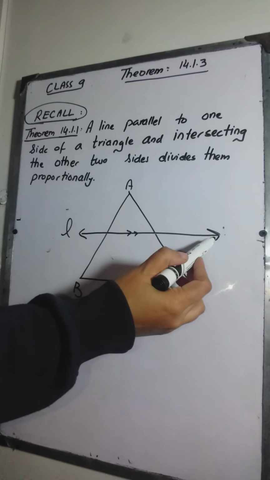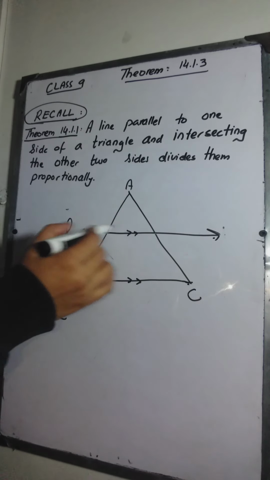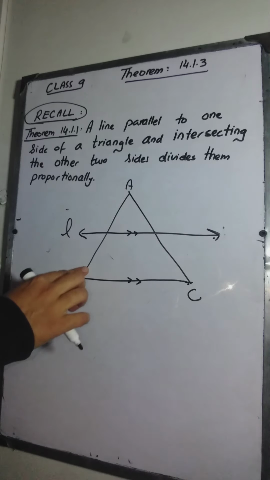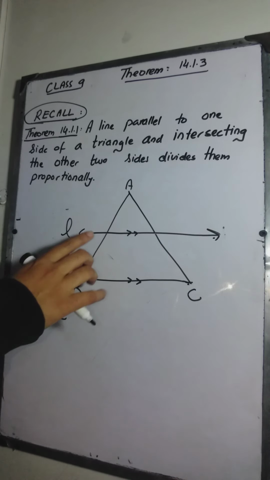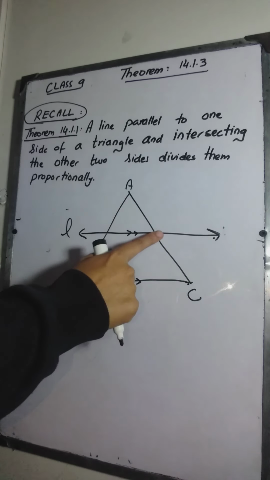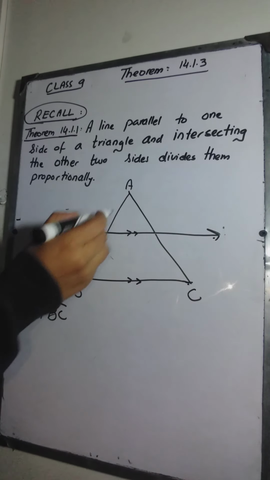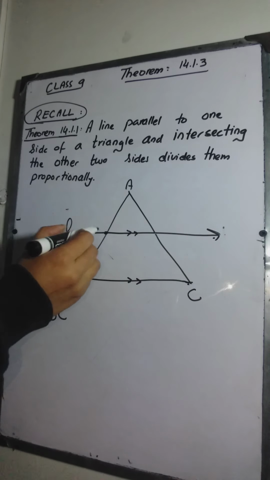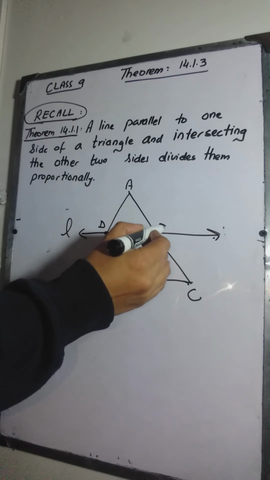So if you have a line which is parallel to one side of a triangle and it is cutting the other two sides, or the more appropriate word in mathematics, this line is intersecting these two sides. Okay, this line L is intersecting the line AB at this point and this point. Let this point be D and let this point be E.